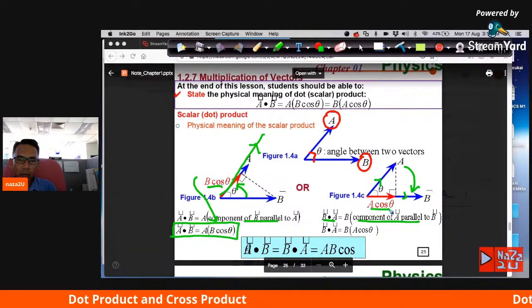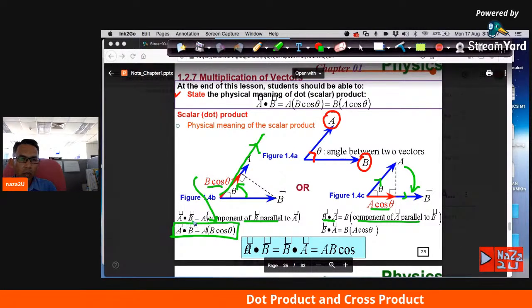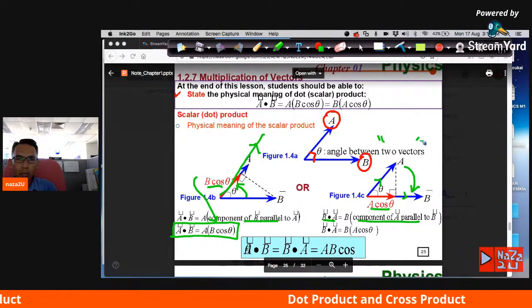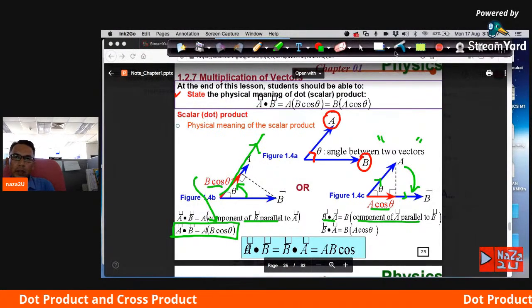This is the equation that you can use for A dot B and B dot A, and theta is the angle between the two vectors here. So this is the dot product, right?